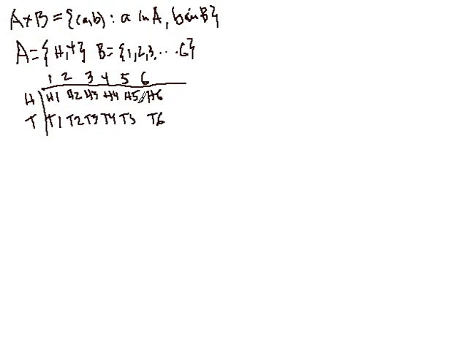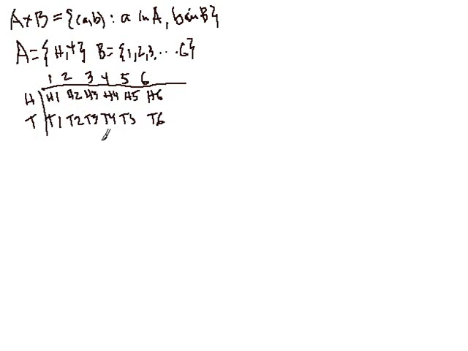Now, very often we're not really interested in writing down exactly what the sets are, especially if it's a large set of outcomes, but we are interested in how many there are. So how do we get the total number of elements in here?